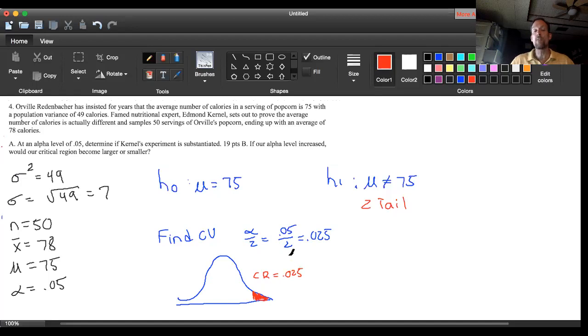I'm going to label 2.5% on the right side and 2.5% on the left side. And if we look at our Z tables, our critical values are going to come out to be plus or minus 1.96.